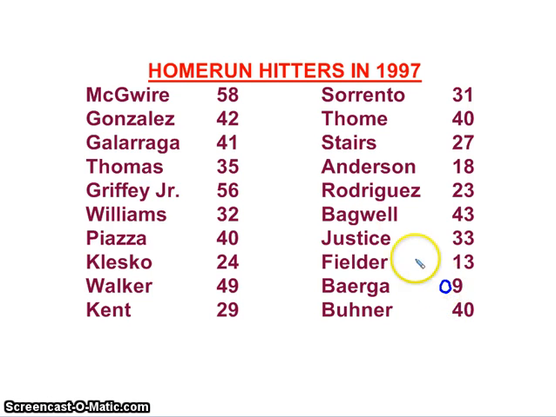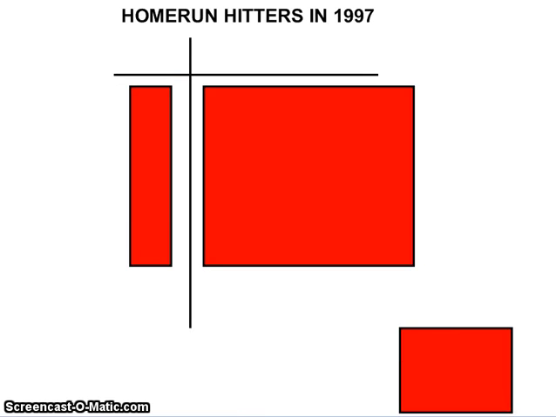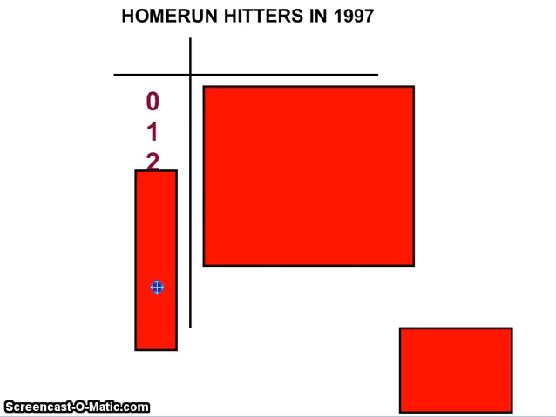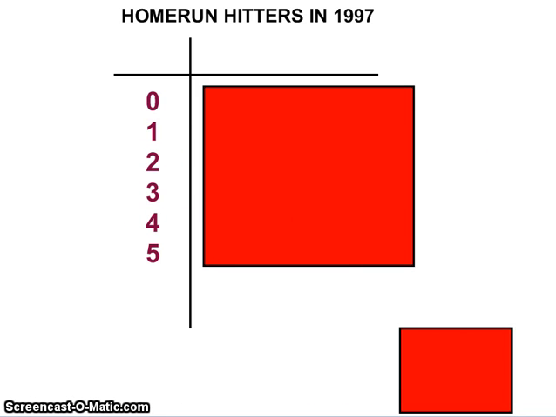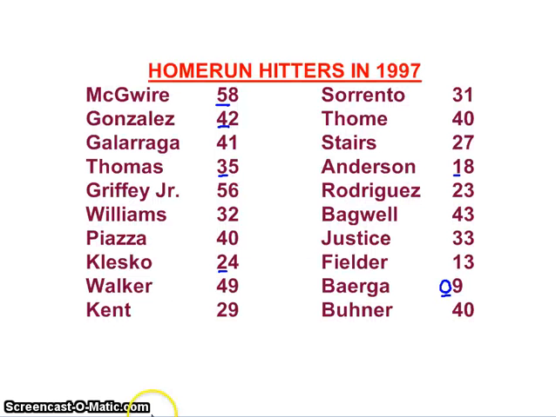So the stem is going to be the first number, the tens digit. Okay, you notice I'm only underlining all of the ones that I see that are different. Okay, so I have the number 0, 1, 2, 3, 4, and 5. So what I'm going to do is I'm going to write these numbers, 0, 1, 2, 3, 4, and 5. Now, let me explain something to you.